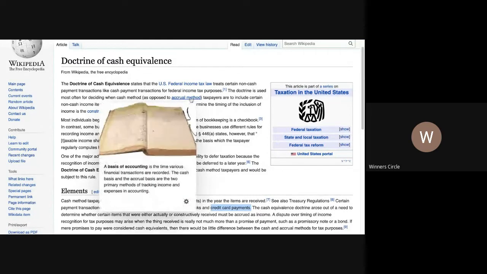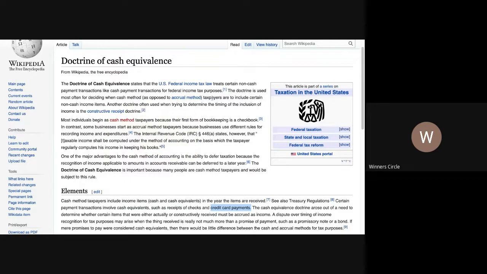The accrual method is the basis of accounting for the time various financial transactions are recorded. The cash basis and accrual basis are two primary methods of tracking income and expenses in accounting. Taxpayers are to include certain non-income items.